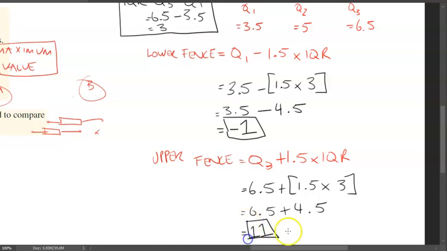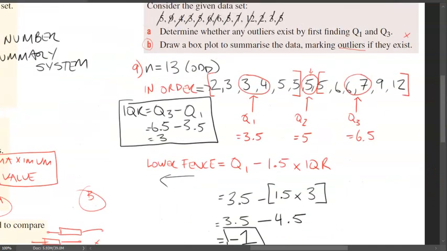In other words, anything that is higher than 11.5 is considered an outlier. So 12 is an outlier. So right here, we've got an outlier. And remember, outlier just simply means a number that seems outside of the range of all the numbers here.